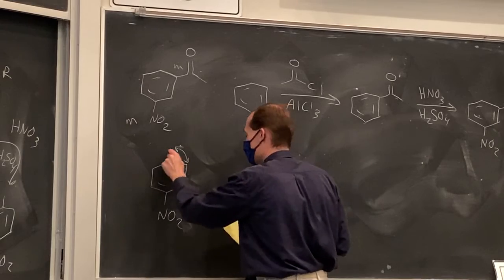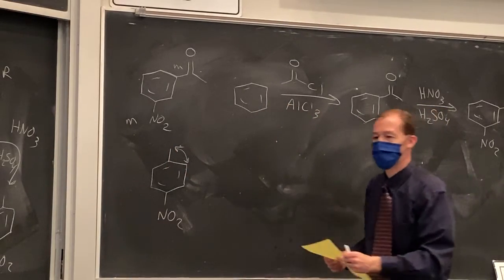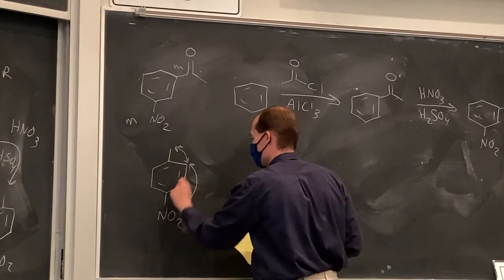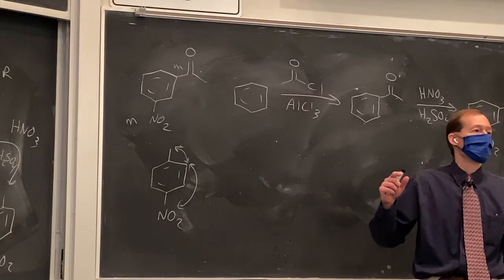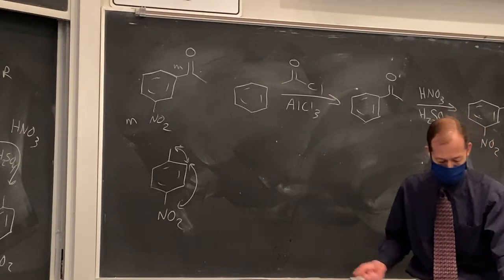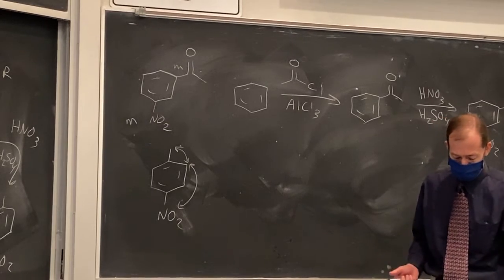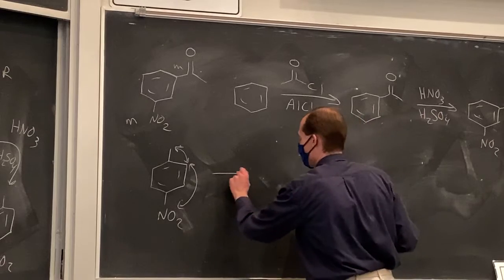We said that the methyl group is going to be an ortho director because the para position is blocked. The nitro group is going to be a meta director. So in the case where the directing effects of the two substituents reinforce each other, then we're in business because there's only one possible product that we can get.